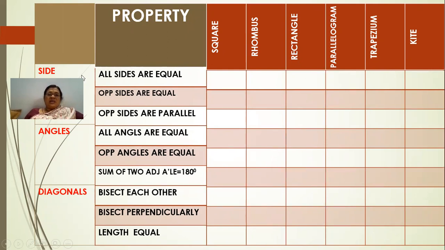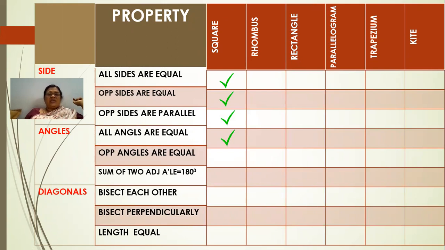Regarding the sides, when you take the square, in a square, all the sides are equal or not? Tell me. They are equal. Opposite sides, they are equal. Opposite sides are parallel or not? They are parallel. Angles, in a square, all angles will be equal.